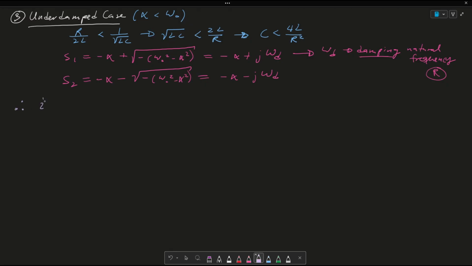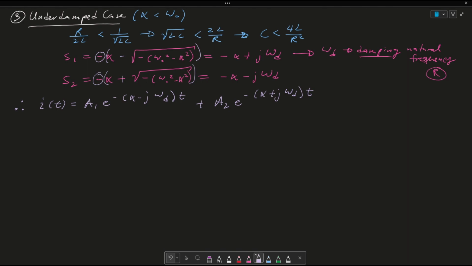So therefore, if we write out our i of t, this is a1 e to the minus alpha minus j omega d t plus a2 e to the minus alpha plus j omega d t. What I did essentially is I pulled out a negative here, so then this becomes like this.